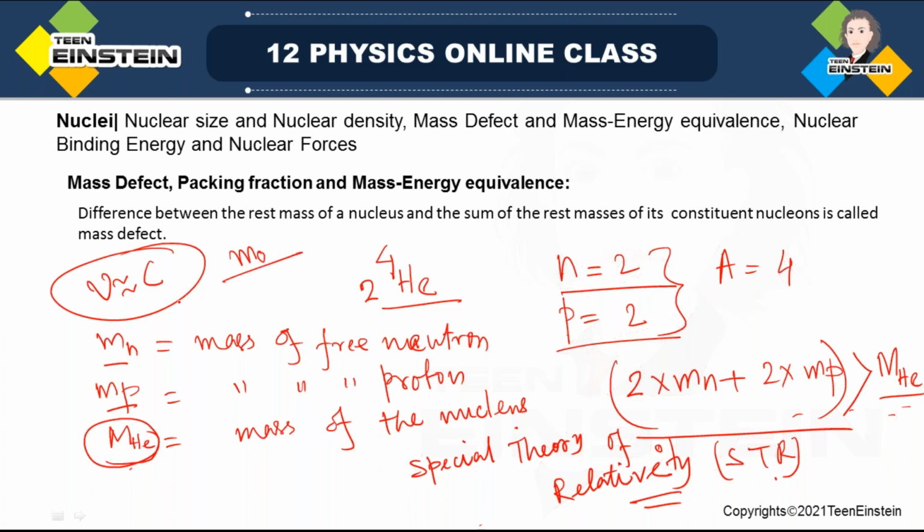That mass will be called relativistic mass, obtained by m0 divided by under root 1 minus v square by c square. So this will be the relativistic mass in case the object is moving with very great speed, comparable to the speed of light. Then that object will no longer possess the same mass as the rest mass. In fact, this factor is less than 1, so the mass will be increased.